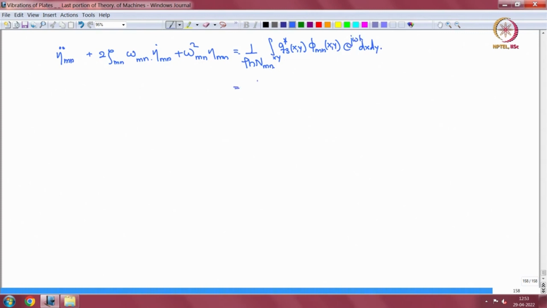This we will write as f mn star e to the power j omega t, where f mn star is 1 over rho h n mn integral xy q3 star xy phi mn of xy dx dy.